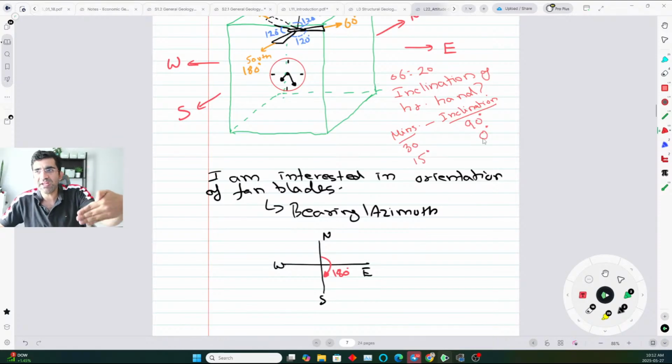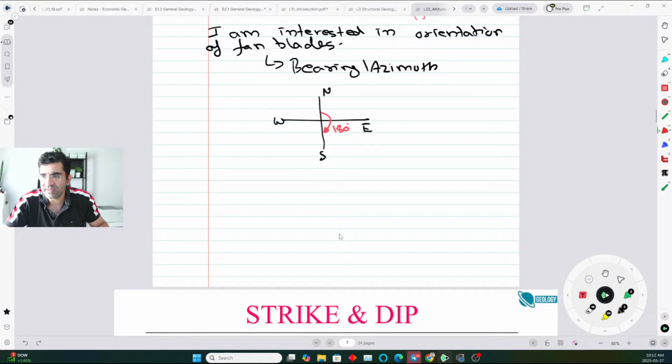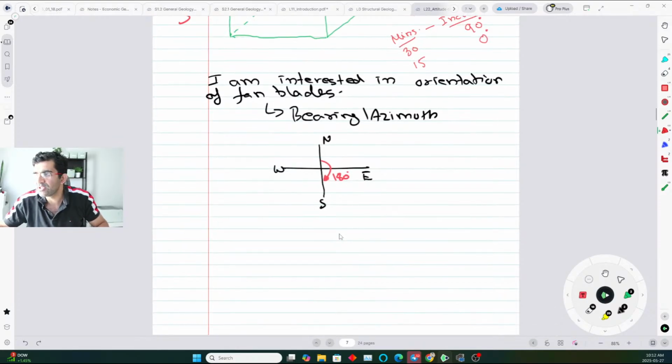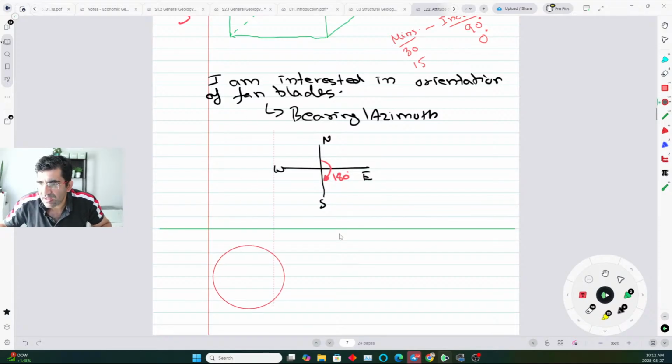So from 15 minutes to 30 minutes, it goes from 0 degrees to 90 degrees. Let me explain that over here. So this discussion is over now. When you have an hour hand here, let's say when it is pointing this way versus this way, the inclination is with respect to horizontal.